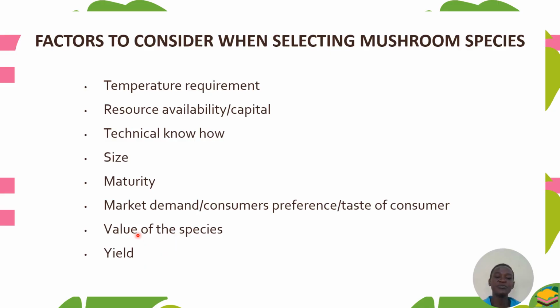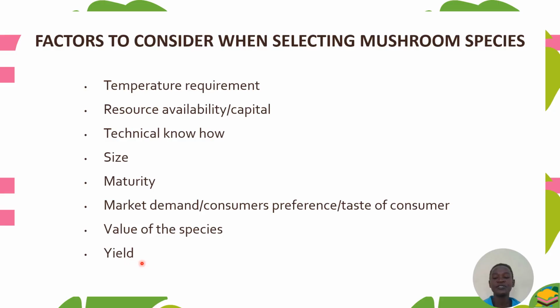Apart from that, it will depend on the value of the species. Different species of mushroom are of different value. Some are of low value, some are of high value. So you check on the species which are of high value, of course, if you want to maximize profit.